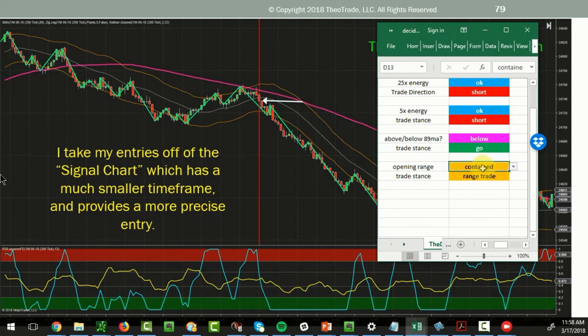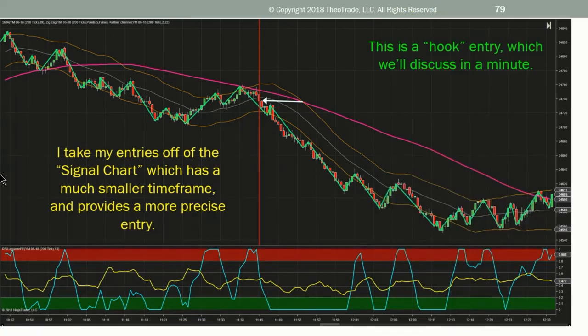Opening range, we're trending below. It's a breakdown below there. We're in trending stance. This is a tool you can use to keep your brain from overthinking the trade. If you wanted to, you could put this into an automated system. Again, that little decision spreadsheet will come with the materials for the class.